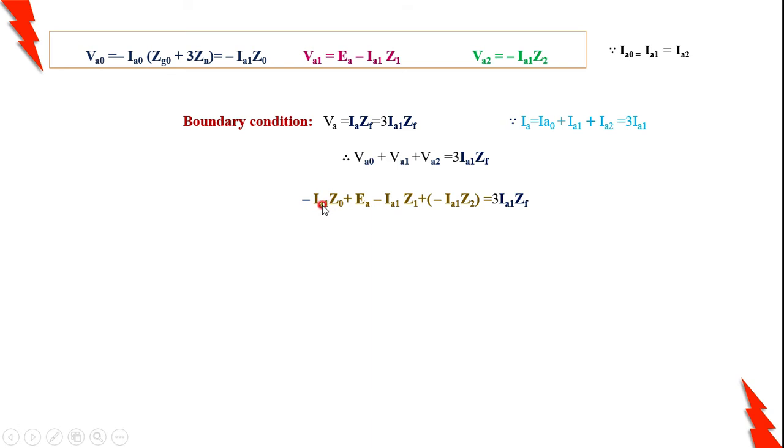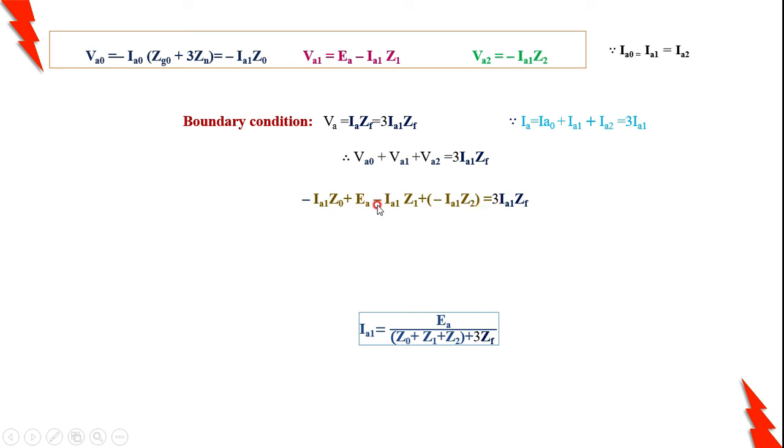Just take the I1 terms together and the other terms on the right hand side, and work out for I1. If you are taking I1 outside, or you can take all these I1 Z0, I1 Z1, I1 Z2 onto the right hand side, therefore they become positive.